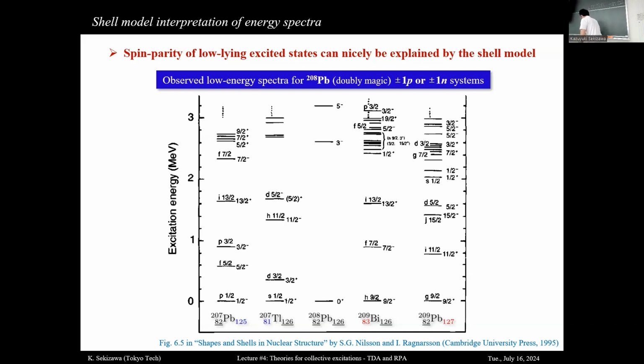So for instance, let's start with magic number 50. Magic number 50 is made by a G9/2 coming from the upper positive parity state. So here I expect the positive parity state.